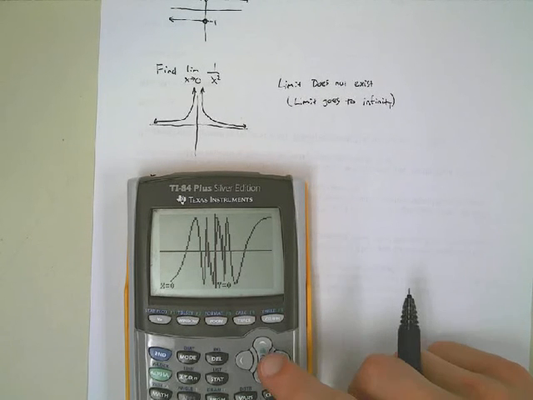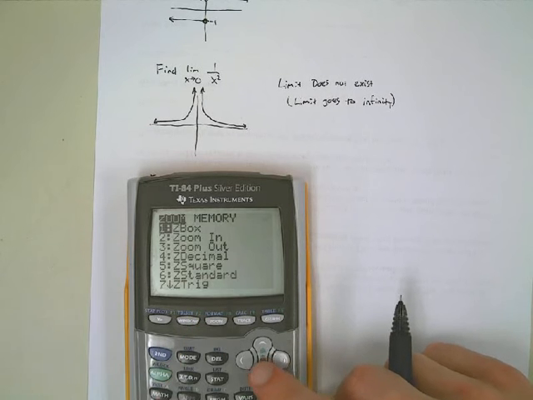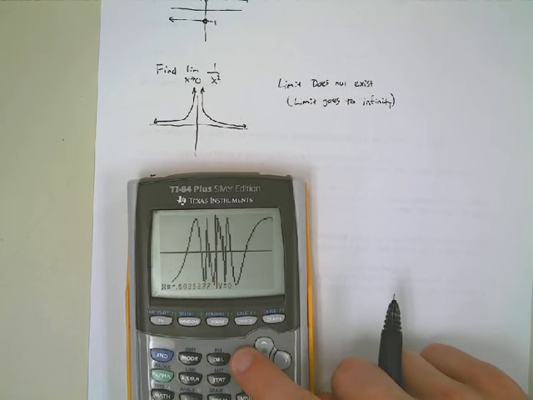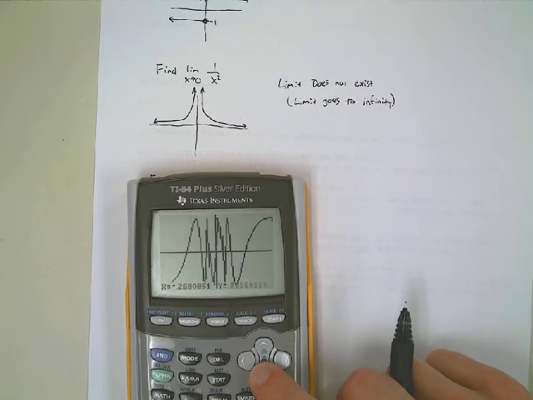I'm going to zoom box, and this one I'll make kind of bigger. So I'll use zoom box again. I'm going to arrow all the way up here and hit enter and drop all the way down.